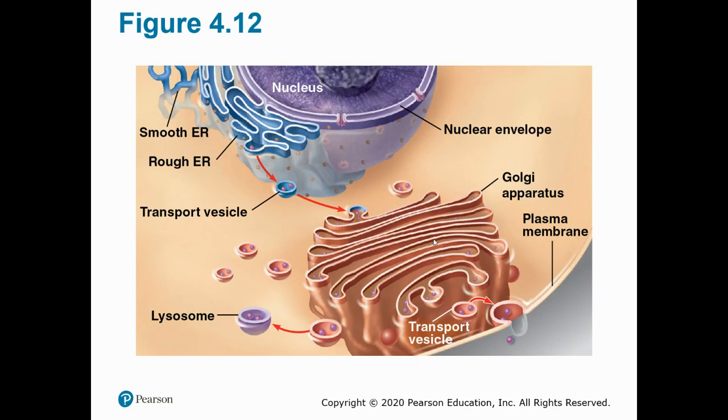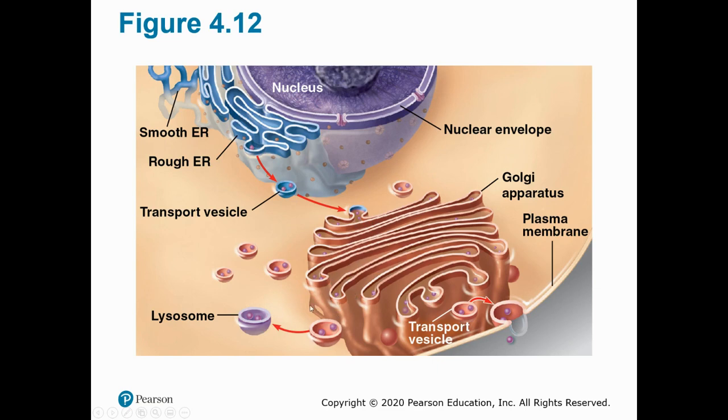Now, in this next slide, you see how these different structures are connected with each other. So you've got the nucleus, the smooth ER, the rough ER right there, and then the transport vesicles move from the rough ER to the Golgi apparatus, where they're transported some more.